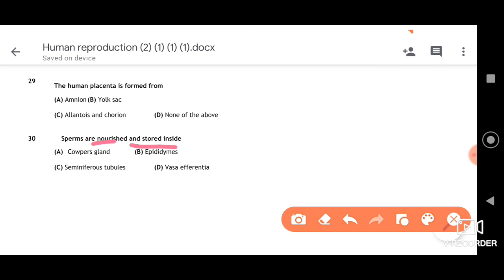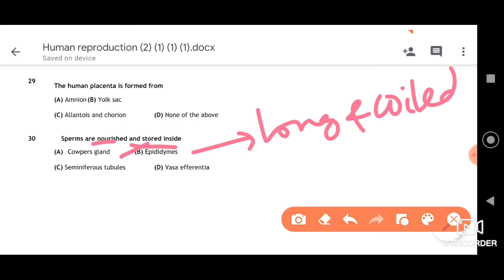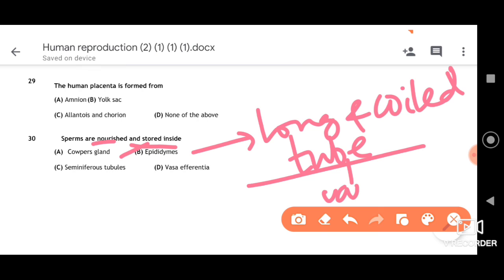See, they are nourished in the epididymis, my dear friends, and the epididymis is a very long and coiled tube which receives sperms from the vasa efferentia. It receives sperms from where? From another tube of the male reproductive structure called vasa efferentia. And it is responsible for storing and nourishing.